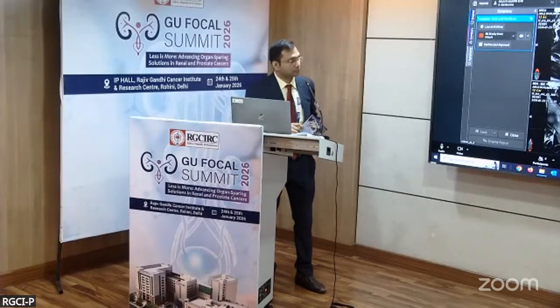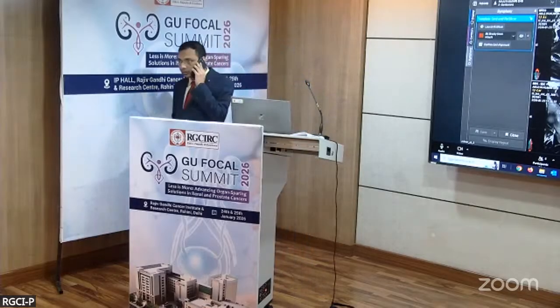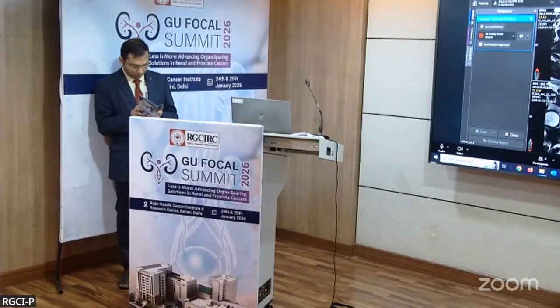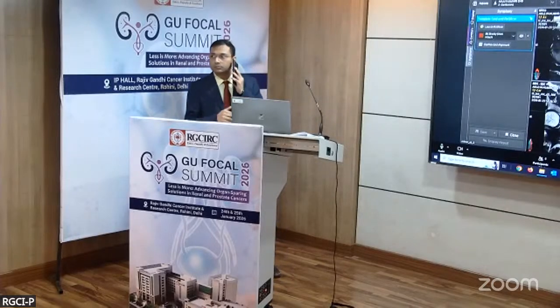I think at TMH it is predominantly done by IRs. Am I right? So it depends on center to center. No, it depends upon the policy of the hospital, and where the machine is located. If the machine is in the radiology department, obviously radiologists will be doing it. If the machine is in the urology department, they will be doing it.